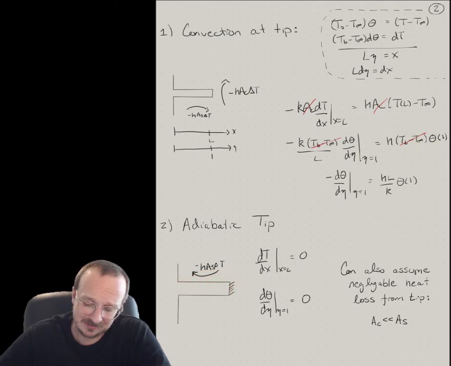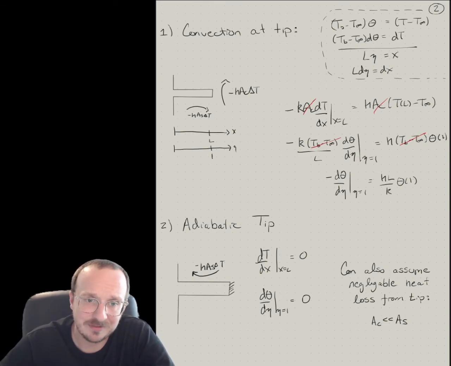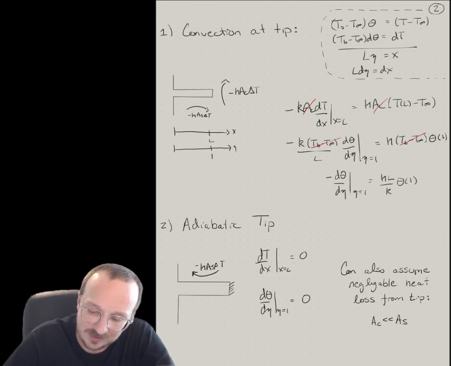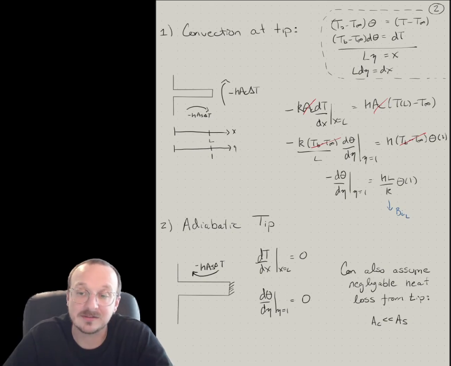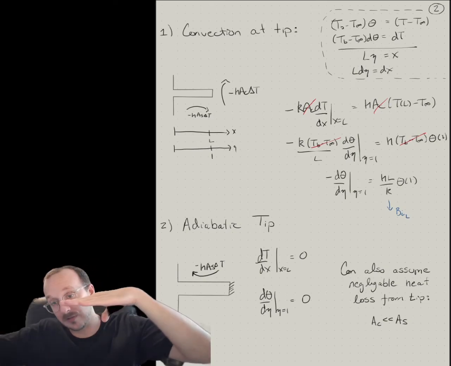So maybe in that case, this heat loss at the tip doesn't matter. And another way you could look at that is think of this as your Biot number. Okay, so if this is your Biot number, I'm going to put a subscript L, meaning it's characterized by the length of the fin, not the thickness of the fin. So we're going along the length.